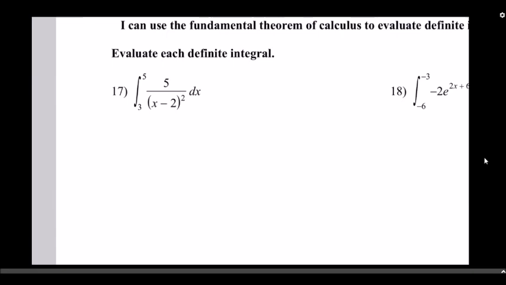So I'm not going to worry about these limits of integration here. I'm just going to say that the integral of 5 over x minus 2 squared, I'm going to rewrite as the integral of 5 times x minus 2 to the -2. Then I'm going to go ahead and pull the 5 out.